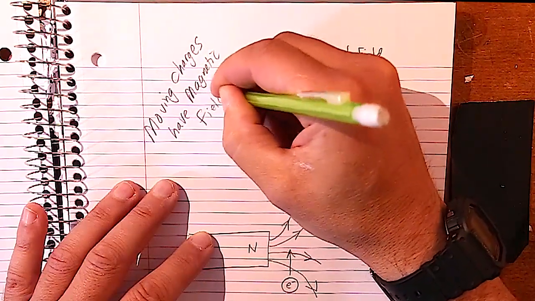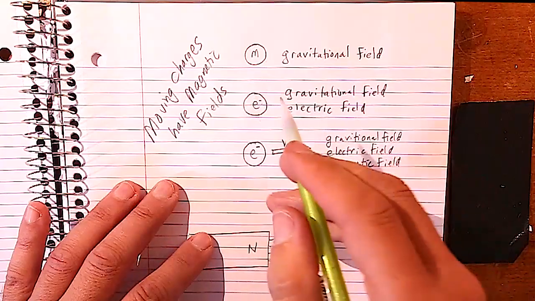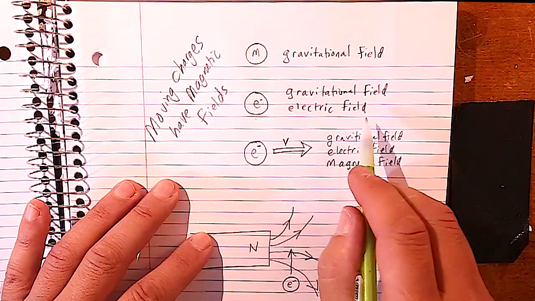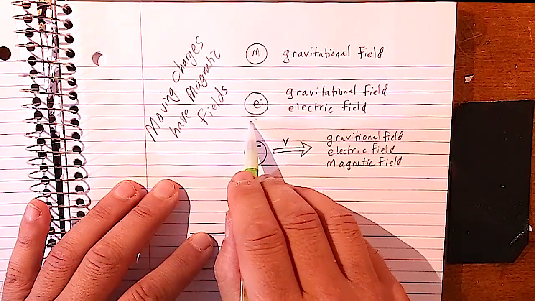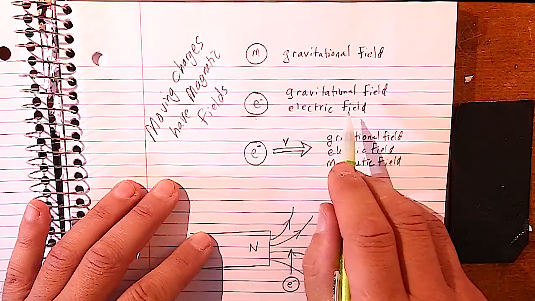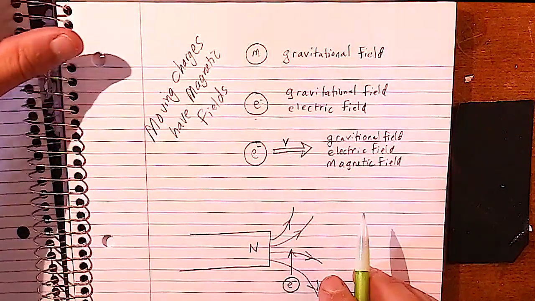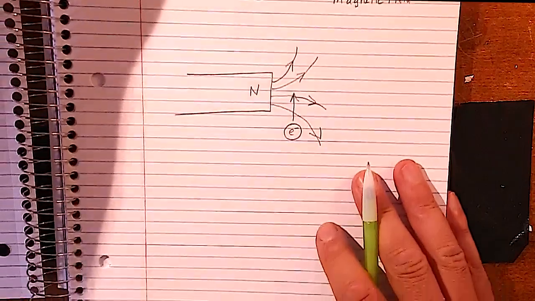That's a tricky idea. And it's even trickier because we could have an electron that we start to move, or we could have a stationary electron and we move past it. In either of those situations, as long as there's relative motion, a magnetic field gets produced.